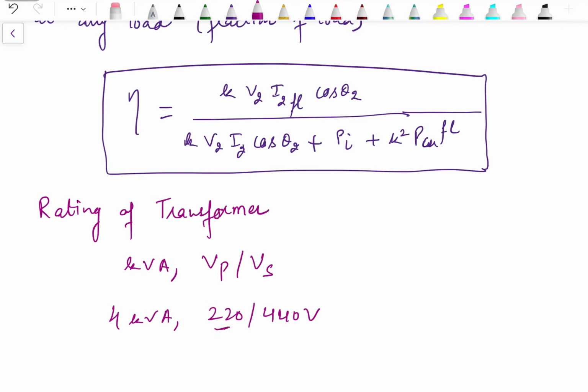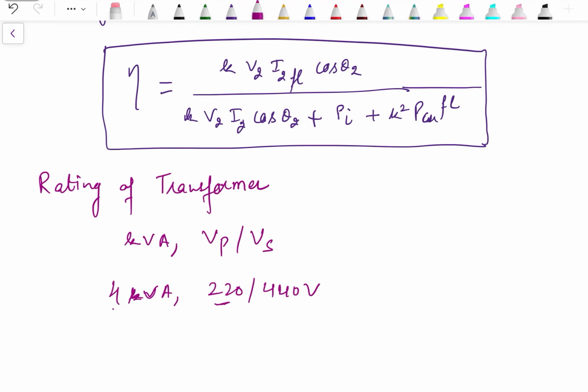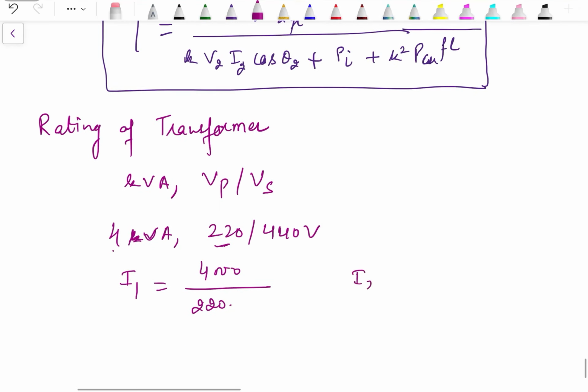It means 220 is the primary side voltage, 440 is the secondary side voltage. Its kVA rating is 4 kVA. From here you can calculate primary side current as well as secondary side current. Primary side current can be calculated by 4000 upon 220. Similarly, secondary side current can be calculated as 4000 by 440. So the current which we get from here is actually the full load current. These are the rated currents of the transformer.